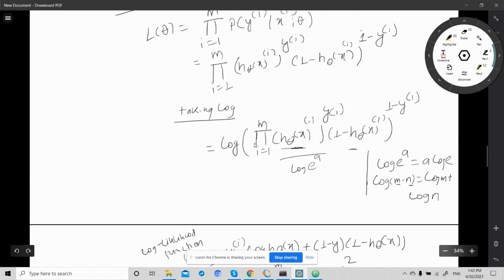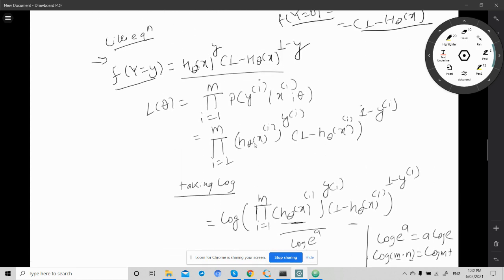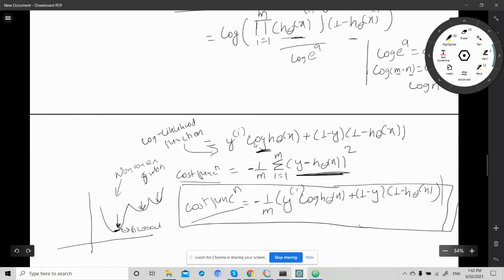Another reason for using log is that our equation is exponential: 1 by 1 plus e to the power minus theta transpose of x. So we take a logarithm so that we can get rid of the exponential value.